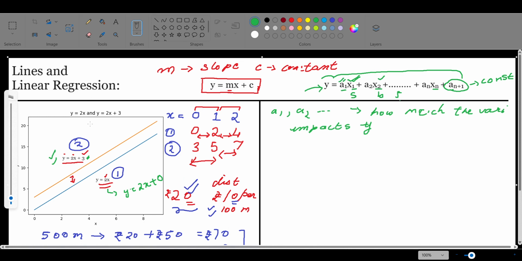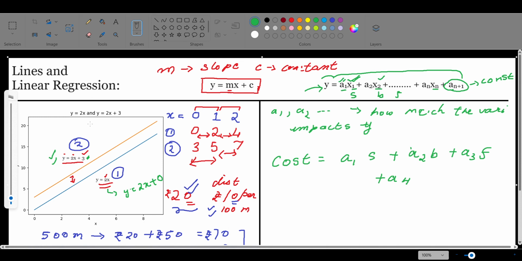Okay, so now we have discussed what those variables were, what the coefficients are, and why the constant is important. Let me now get back that equation. Cost is equal to A1S plus A2B plus A3F plus A4. And now we come to what is linear regression.